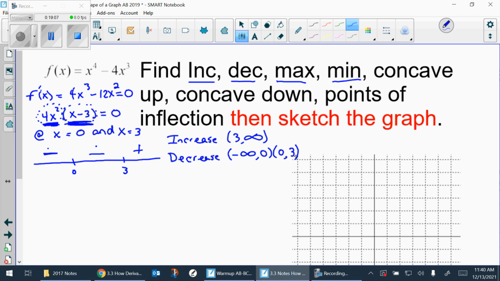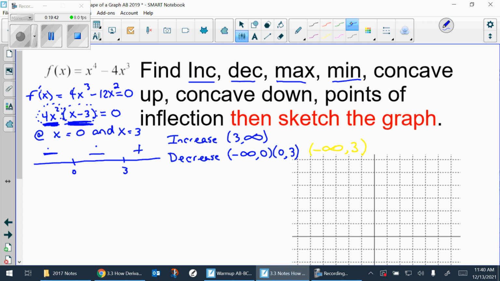Now, to be honest with you, James and the AP exam, they might say that the interval goes from negative infinity to 3. I don't agree with it. I think it's 0. The derivative is 0. I don't think it's positive, nor is it negative. But you may see that, and if you do, don't be surprised. That is apparently acceptable. I just have a problem with it.